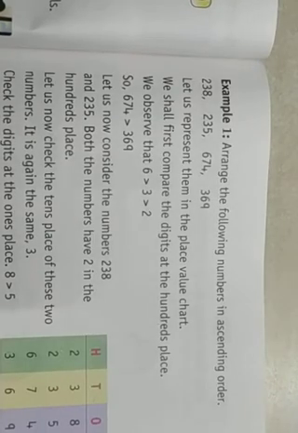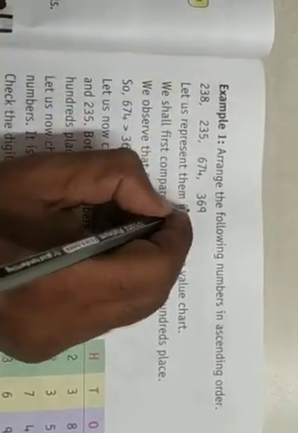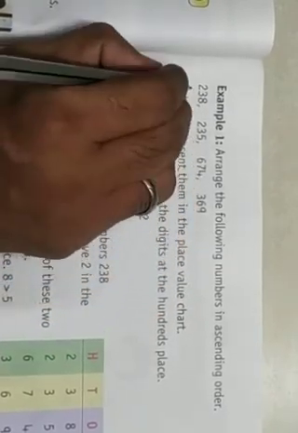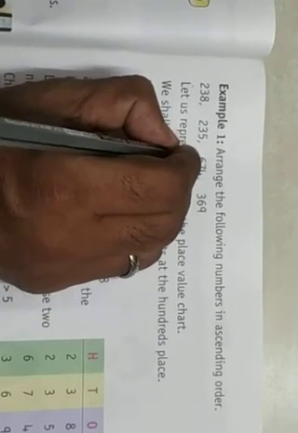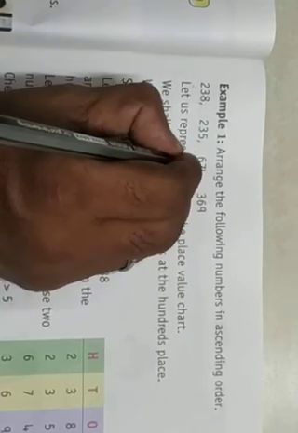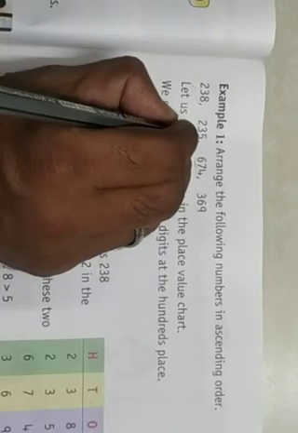In ascending order, we go from the smallest number to the biggest number. So which is the biggest number? Here 200, here 300, here 600. First, these are the smallest numbers, we know. These are smaller than this. This comes last. Then 300 comes after these.